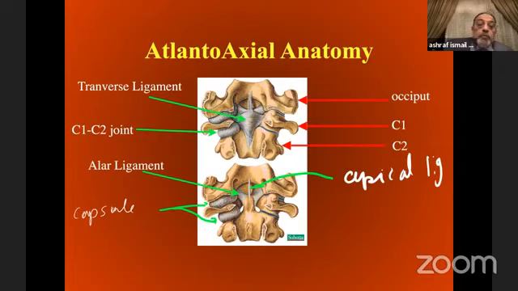The alar ligaments run from the sides of the odontoid process to the sides of the foramen magnum. Also there is the capsule of the occipital condyles, the occipito-atlantal articulation, and the capsule of the atlantoaxial articulation.